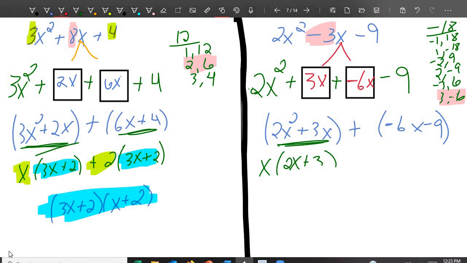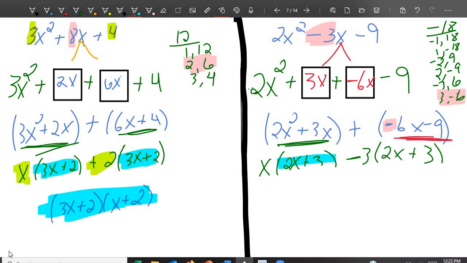This one though, notice the first term is negative. When the first term is negative, your GCF will be negative. Now, both of those numbers are divisible by 3, so it's going to be a negative 3. And when we divide by negative 3, we're left with 2x plus 3.